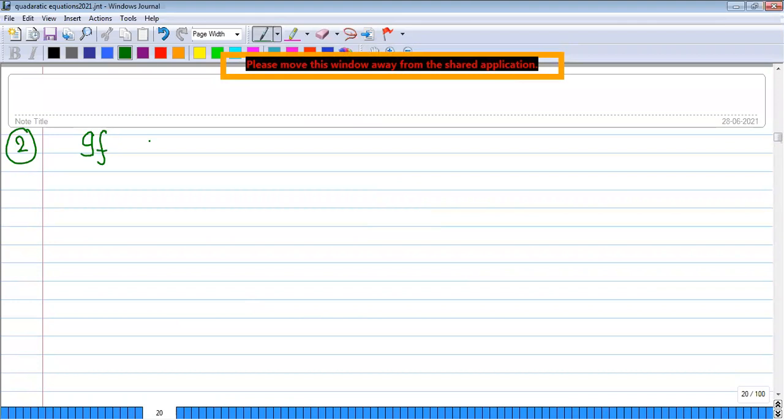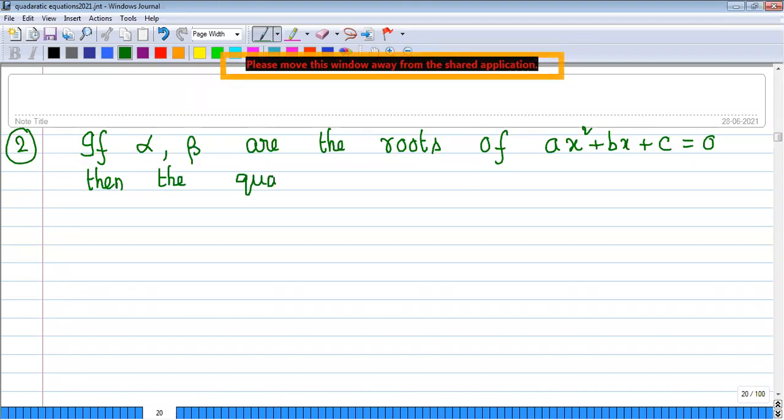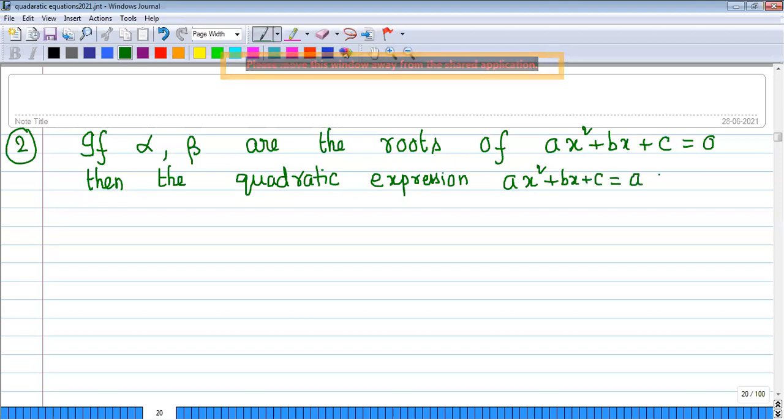If alpha, beta are the roots of ax square plus bx plus c equals 0, then the quadratic expression ax square plus bx plus c can be written as a times x minus alpha into x minus beta.